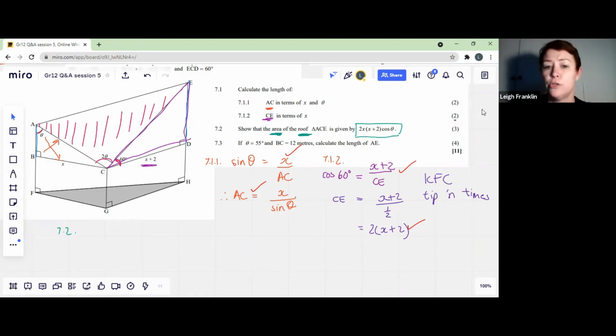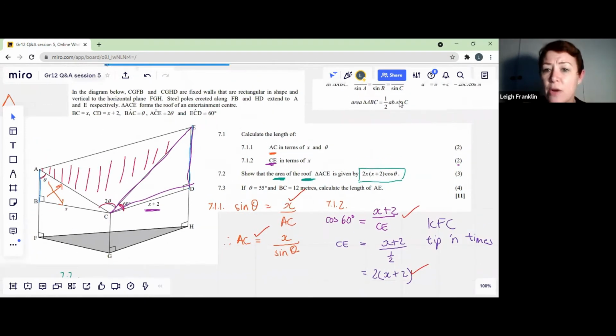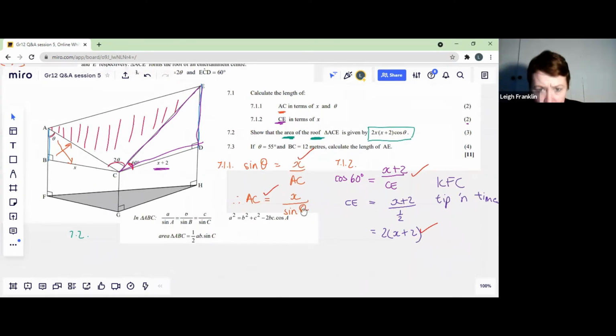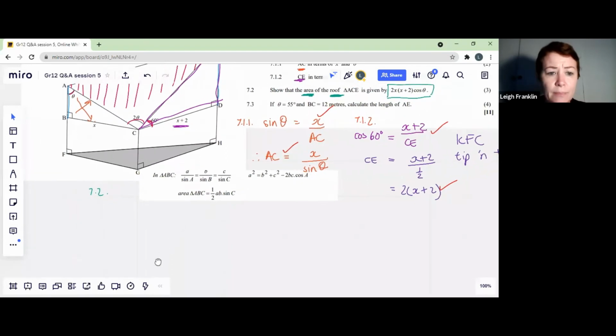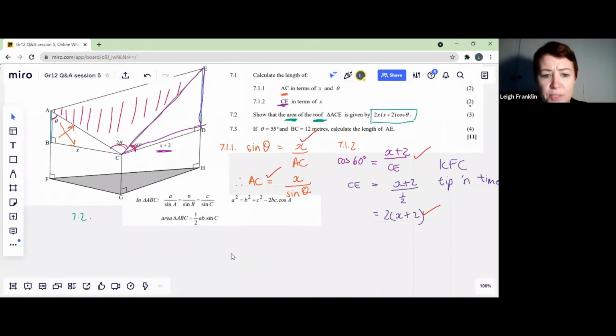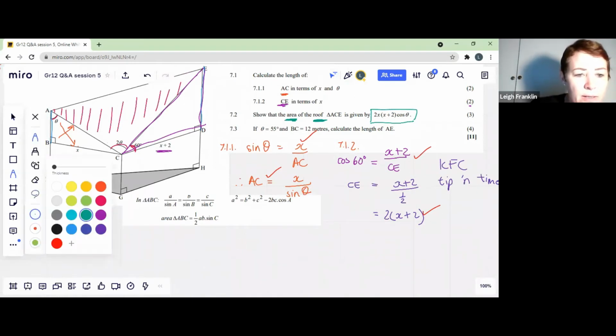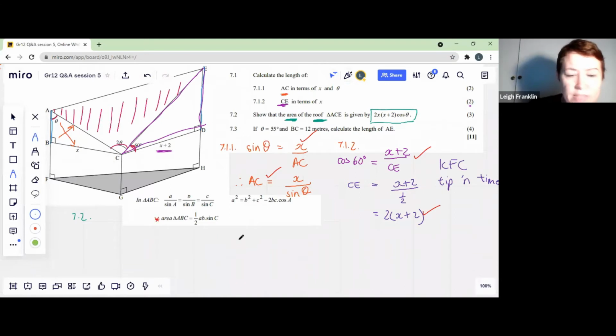I can't. Okay, so if they're asking me for the area, then it means that they want me to use the area rule. Here in the middle of the screen is the sine rule, the cosine rule, and the area rule. So this is the area rule, and it will be on your formula sheet. That's this one over here with a little red star next to it.